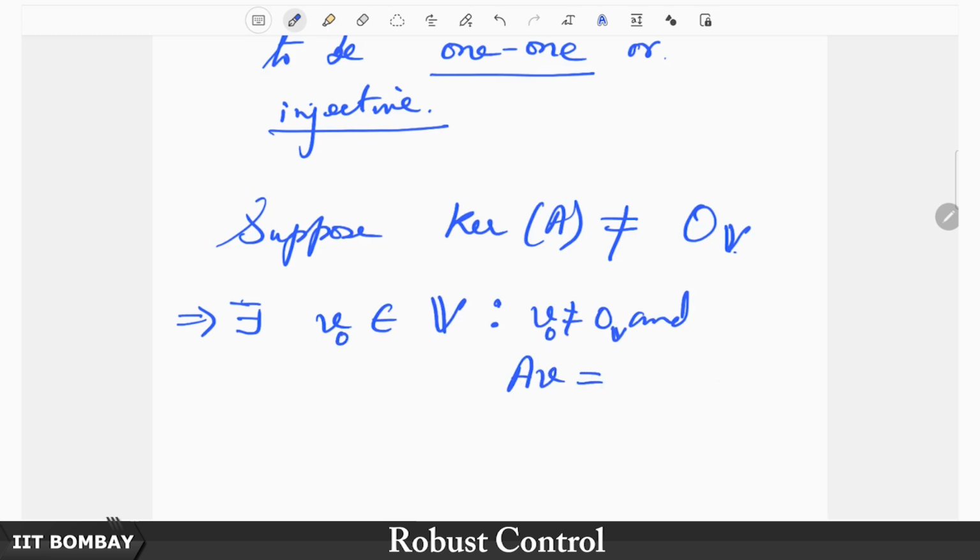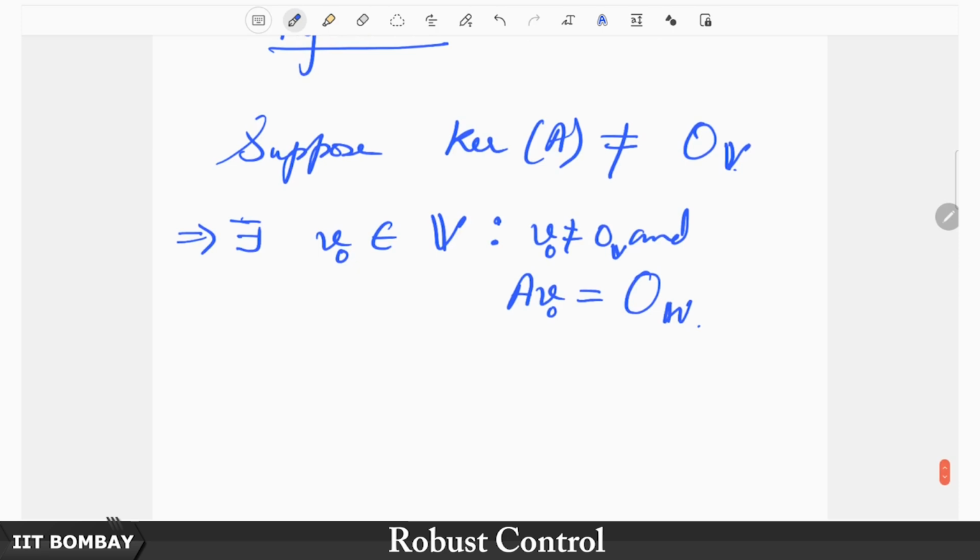There exists some V naught in the domain V such that V naught is not equal to the 0 element, and yet when this linear map A acts on V naught, it leads to the 0 element in W. Then what does it say?